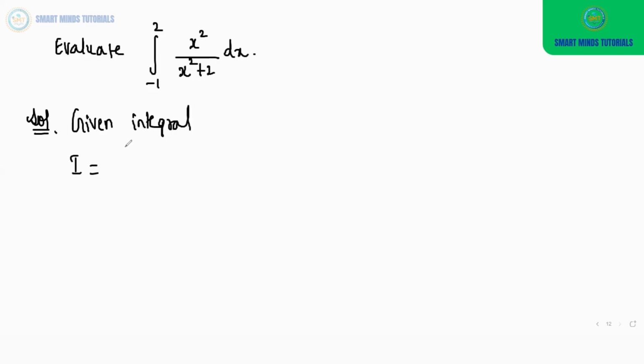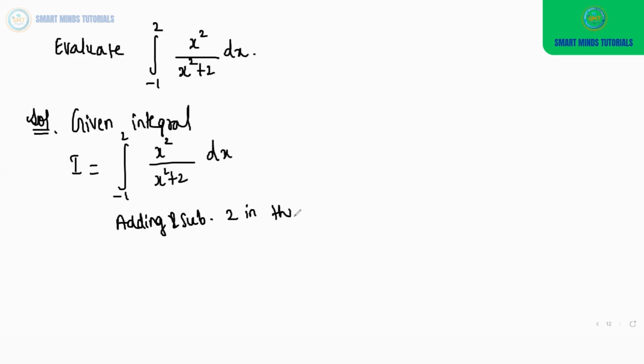Given integral I is equal to integral minus 1 to 2 x square by x square plus 2 dx. Now what I will do is adding and subtracting 2 in the numerator. So we will get x square plus 2 minus 2.